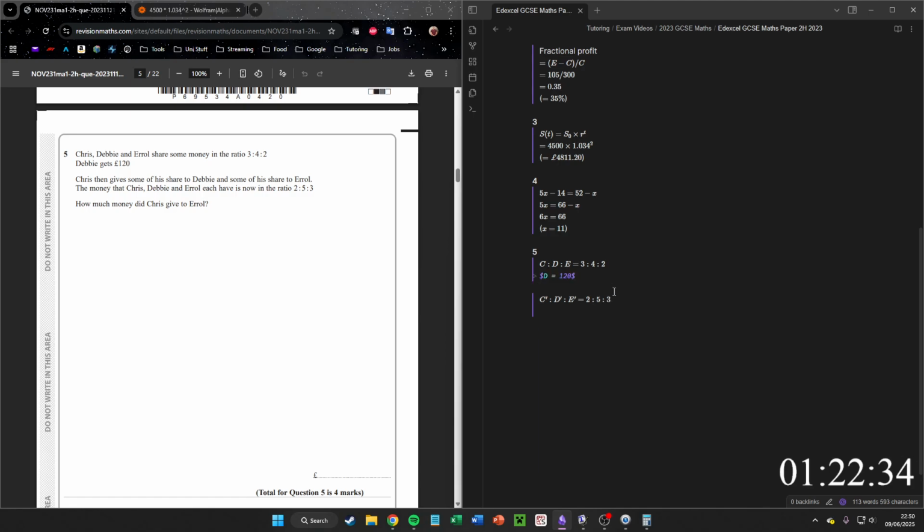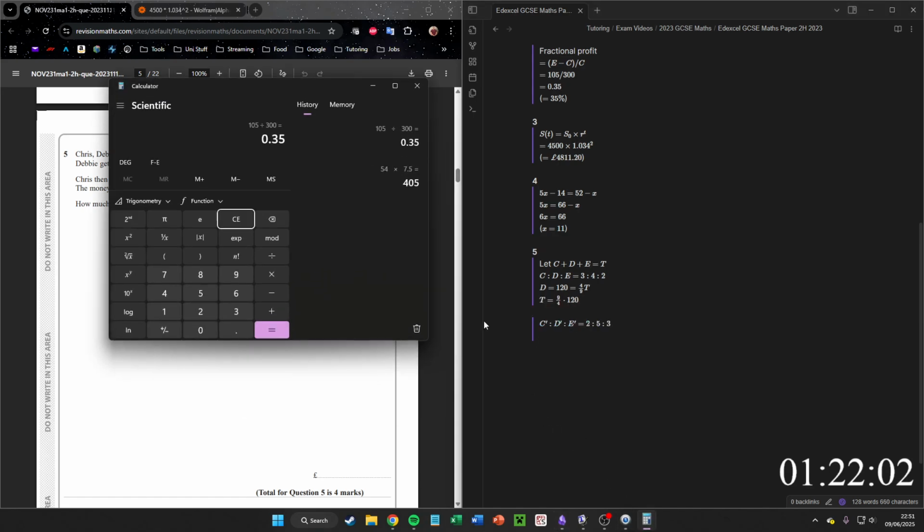So if I was to say at the very start, let C plus D plus E equal T, total money, then Debbie's share is 4/9 of the total. So I could just very easily say that the total is equal to 9/4 multiplied by 120.